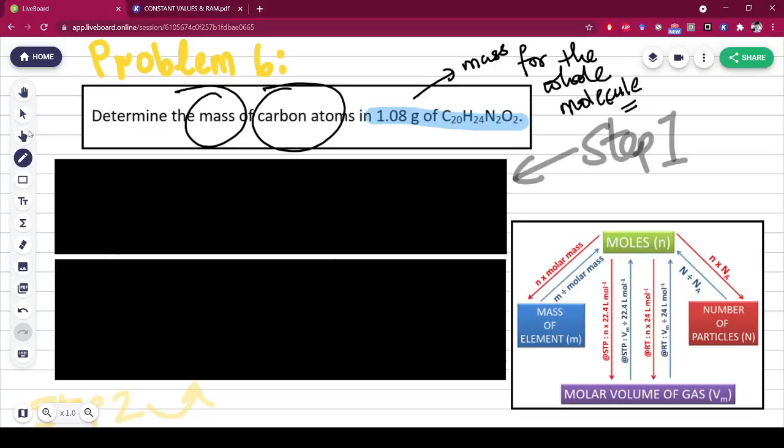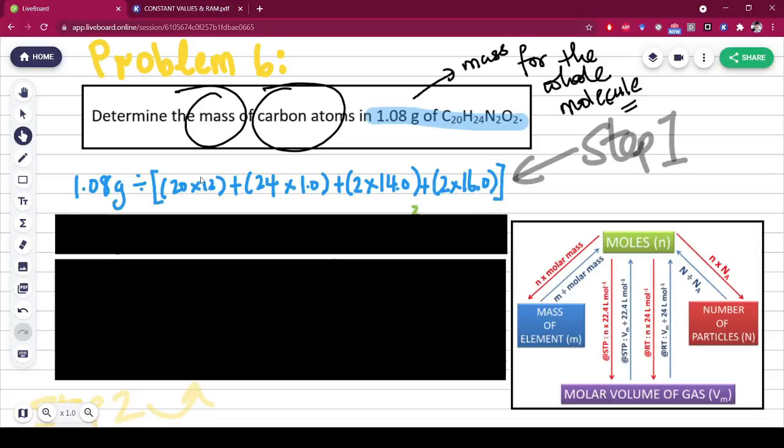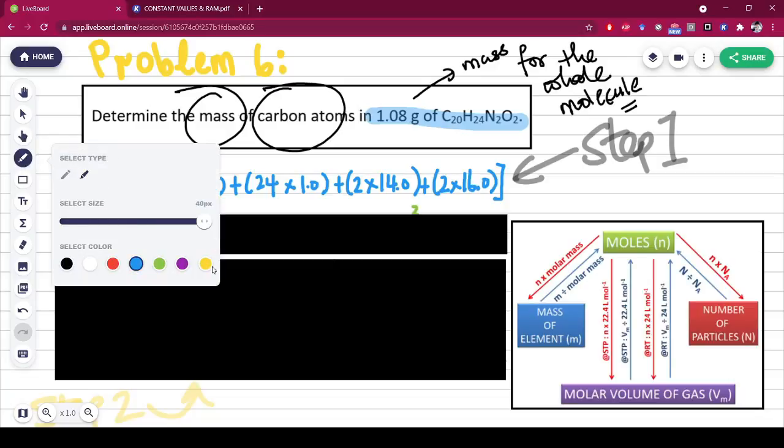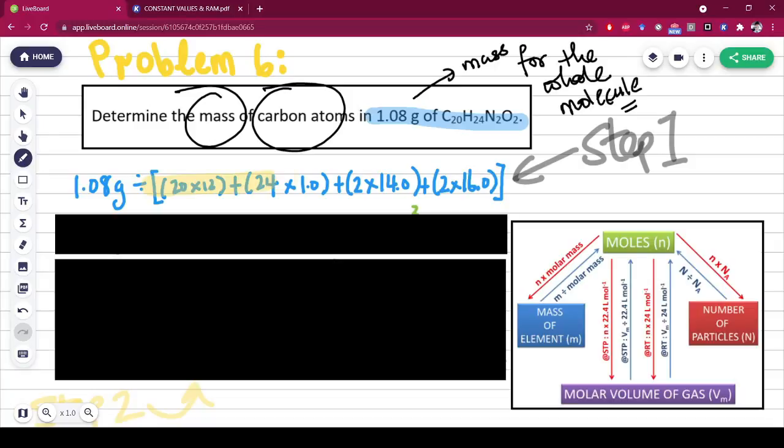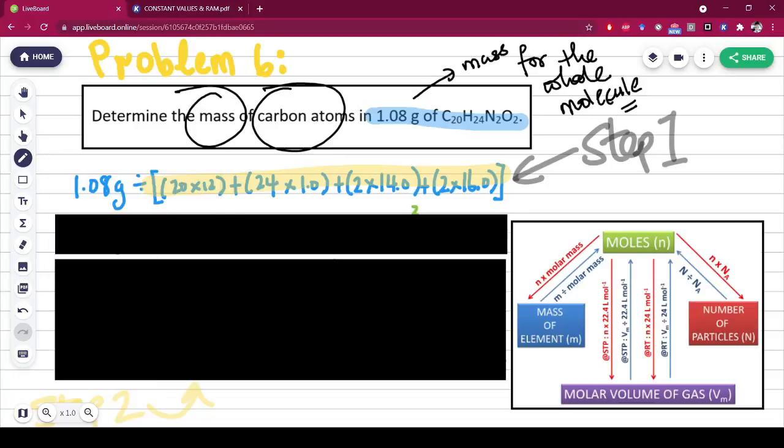Step 1. Okay, step 1, we're going to start from the mass and change that into mole first. Mass of your molecule, we change that into mole. So this is just the way for you to find out the molar mass of this whole thing. I'm going to highlight that so that you can see this is the molar mass for that.